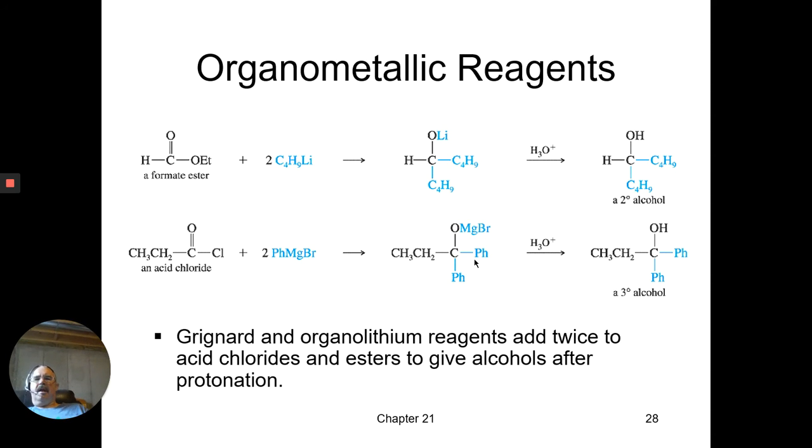Acyl chlorides and esters can react with Grignard reagents and organolithium reagents to form tertiary alcohols, unless we have a formate ester, in which case we get a secondary alcohol. But the Grignard or lithium reagent reacts twice. Okay, upon hydrolysis, we get our alcohol.